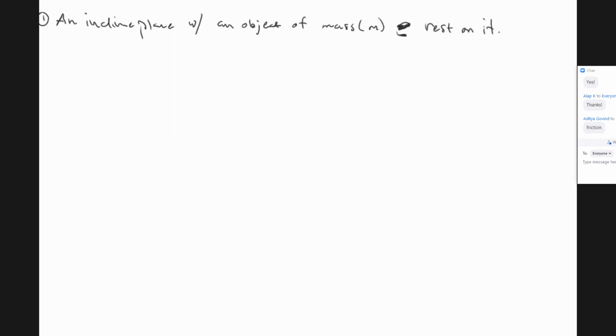What we're going to do is increase the angle. So I want to know what is the maximum angle that I can increase that inclined plane before the object begins to slide.